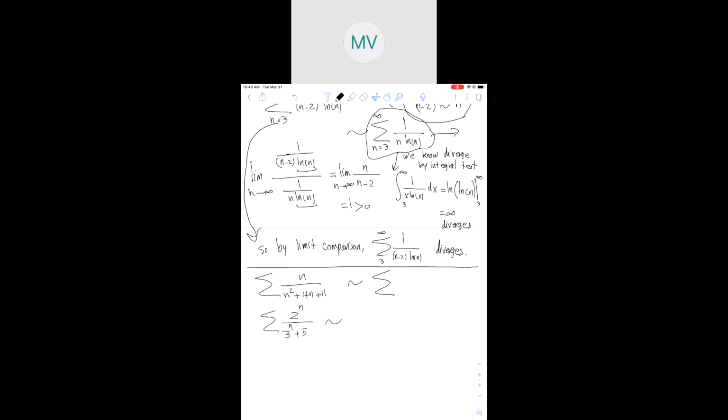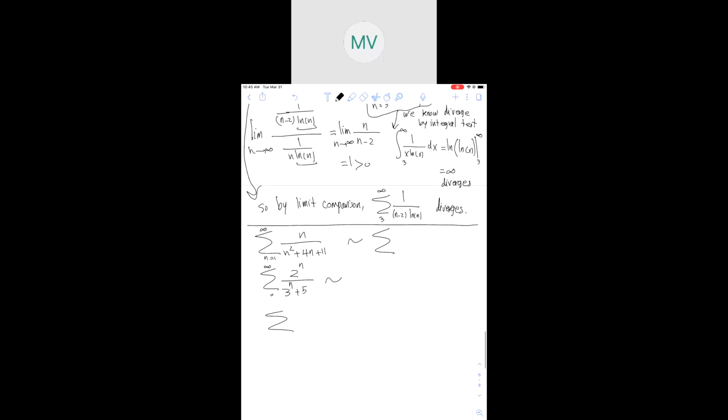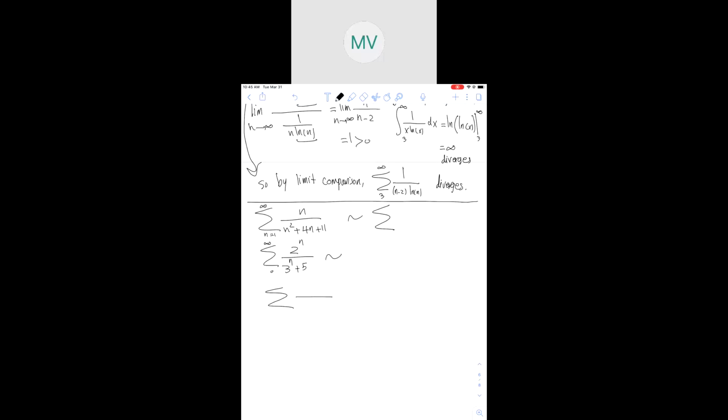What do you compare this one with? Let n start from 1 here to infinity. Let it go 0 to infinity here. What else? Oh, this is a good one. The sum of 3 to the n over n to the 10th plus 5 to the n, starting from 0 to infinity.